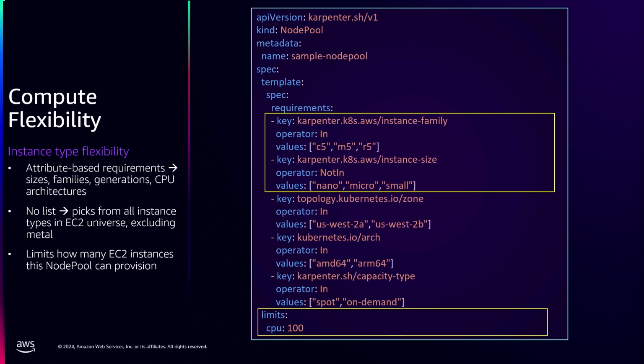It's like, I need a lot of CPU, a lot of memory. For that reason, you can also limit how many EC2 instances this node_pool can provision. So at the bottom, you can see we have a CPU limit of 100. So this node_pool will keep on provisioning EC2 instances until the aggregate amount of vCPU reaches 100. I'm just showing CPU, but this also works with memory.